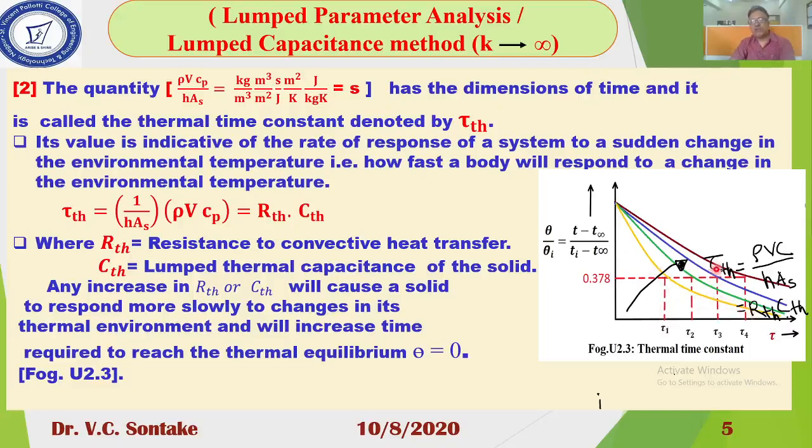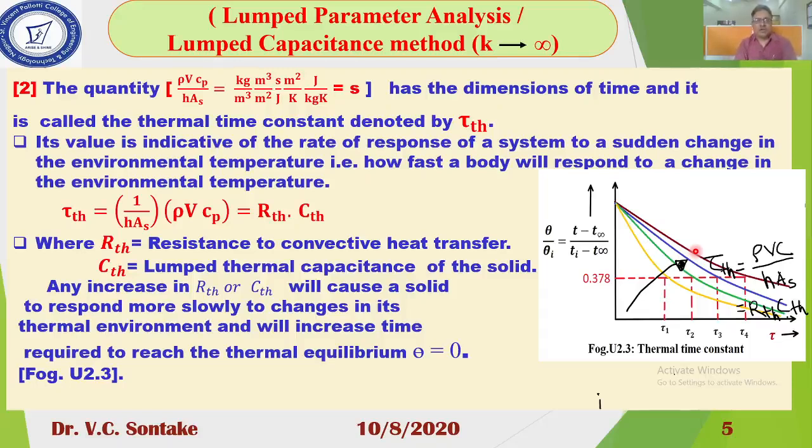And if the value of the thermal time constant rho V Cp over hAs is very high, this is for this gray line, in this case the body will take longer time to reach equilibrium with its surrounding. That is, it will take more time to reach the temperature of the surrounding. So that is the significance of the thermal time constant.